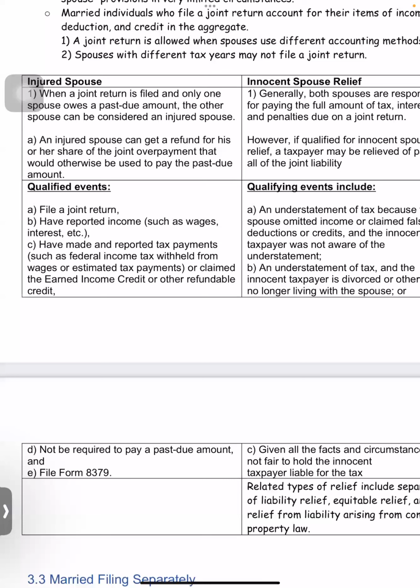So both cases can be used by the spouse if she is not earning. Being married and filing a joint return, she can go for injured spouse. If she is married but they are not living together, or they are divorced, but still there is some liability notice which is coming to her also, she can go for innocent spouse relief.